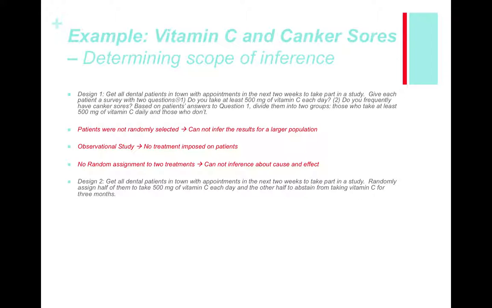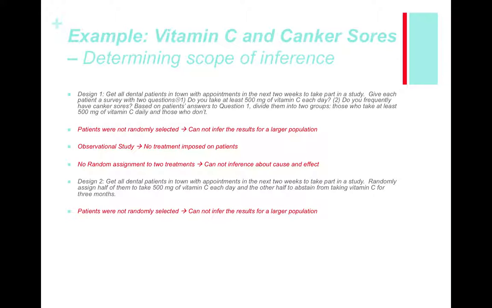Design 2. Get all dental patients in town with appointments in the next 2 weeks to take part in the study. Randomly assign half of them to take 500 milligrams of vitamin C and the other half to abstain from taking vitamin C for 3 months. As in design 1, the dentist can't make any inference about this result holding for a larger population of dental patients.